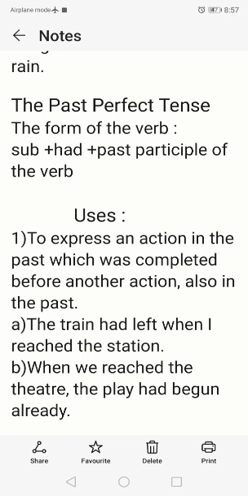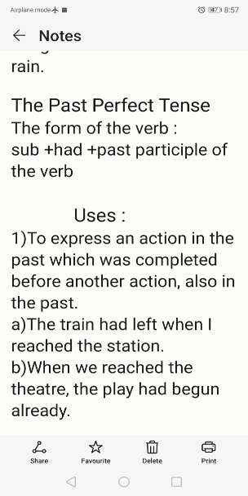When I reached the station, that is also past tense. But the point here is that though in this sentence we have two actions and both have taken place in the past, one action has occurred earlier than the other.